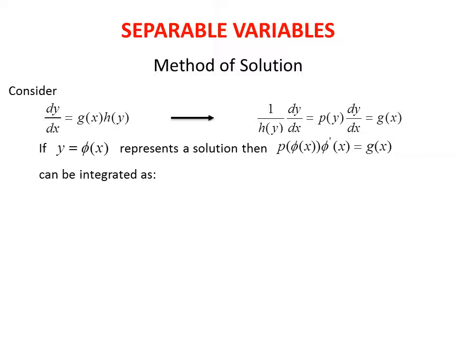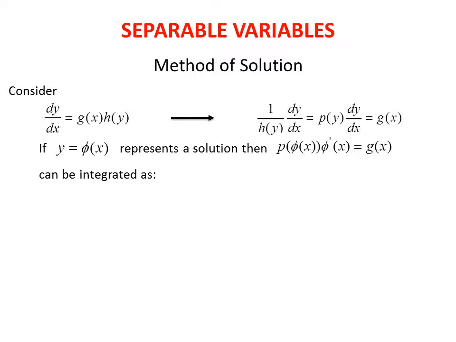Now listen carefully. We have p of y dy by dx is equal to g of x. So instead of y, here we put phi of x. Our equation becomes p of phi of x times phi prime x, since dy by dx means phi prime x, which is equal to g of x.